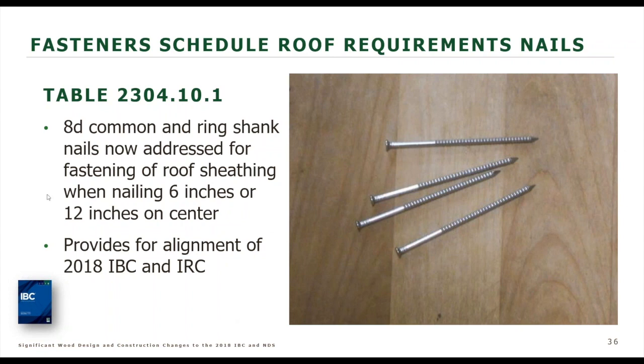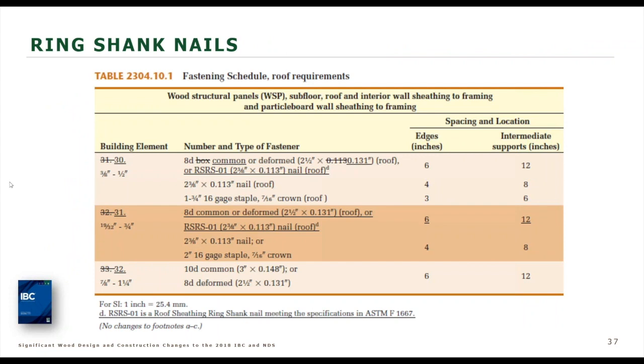So now we've changed that to an 8 penny common nail and also included a roof sheathing ring shank nail. And Lori will get into this more later on in her presentation about this roof sheathing ring shank nail. Now, this was previously incorporated in the IRC. It's just now incorporated in the IBC.